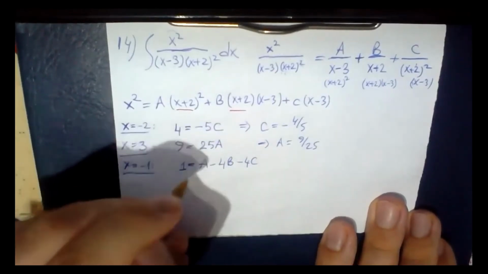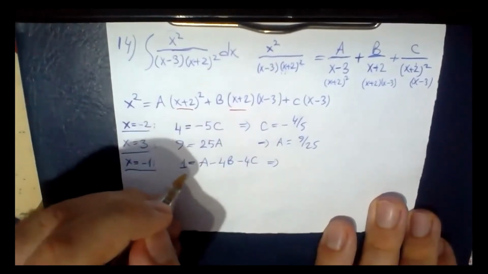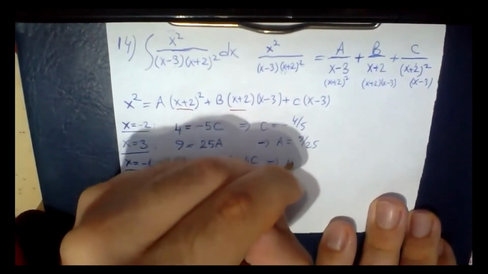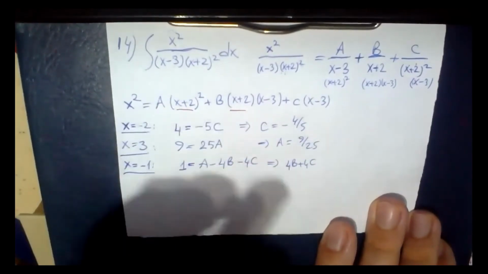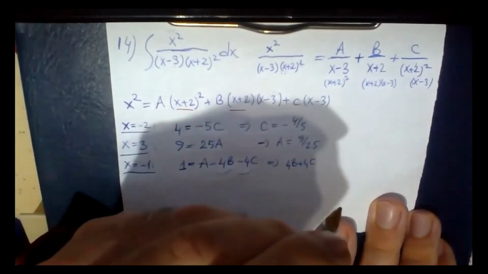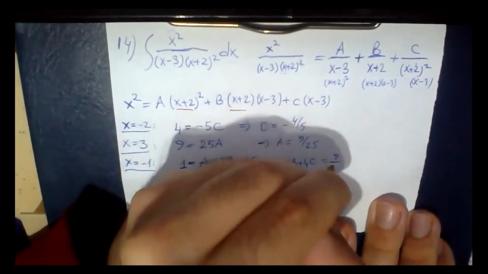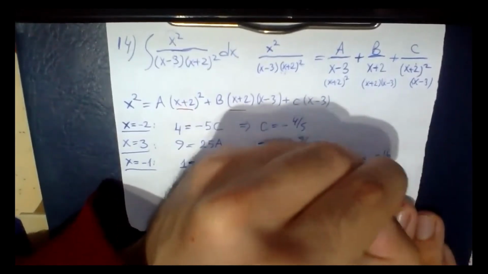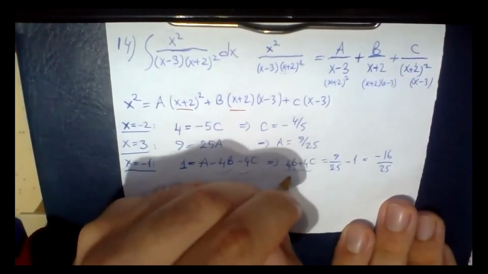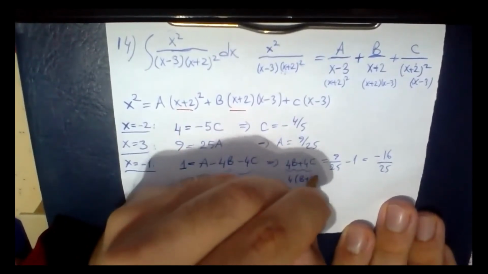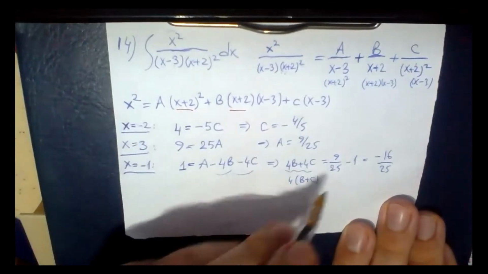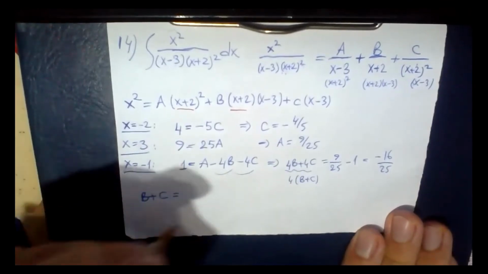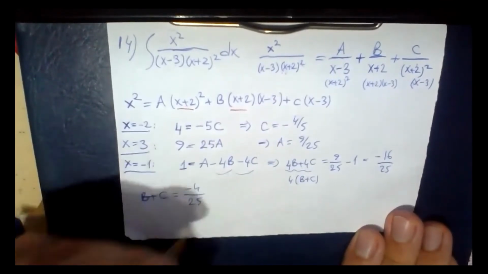And from the third equation, if we replace them in their place, in 4 parentheses, or 4b plus 4c, first take this one to the left hand side and this one to the other side. A was 9 over 25 minus 1, which is equal to minus 16 over 25, and this part will be 4 in parentheses b plus c. Then if we divide both sides by 4, we will have b plus c is equal to minus 4 over 25.